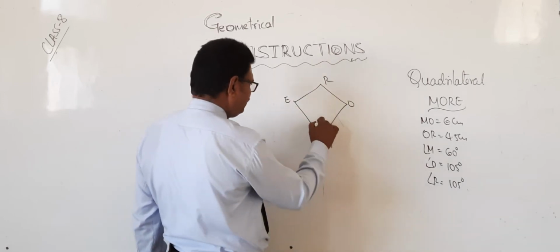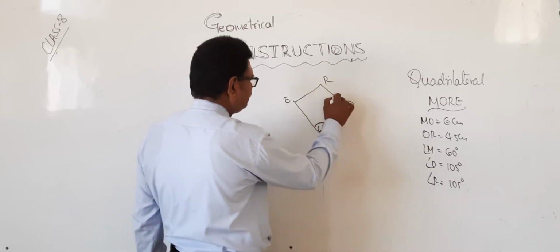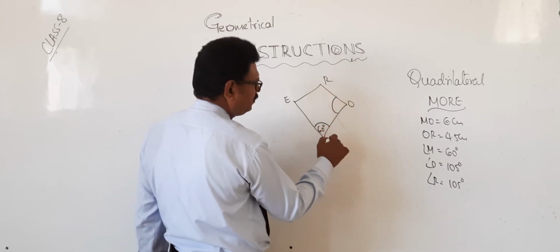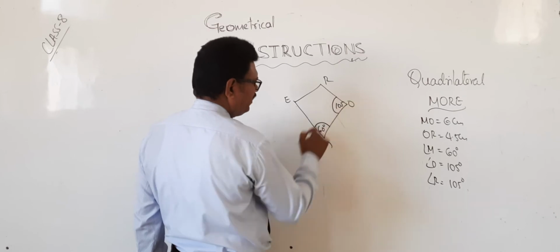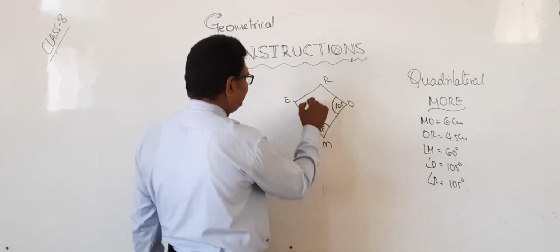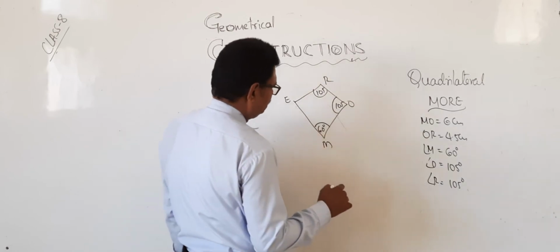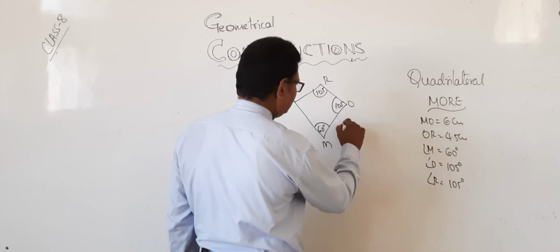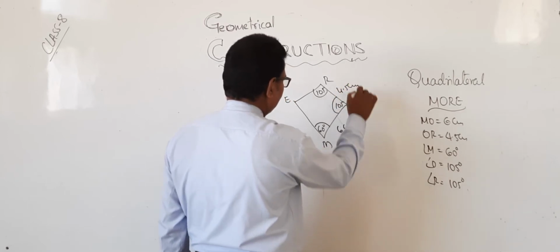Angle M is 60 degrees, angle O is 105, angle R is 105. MO is 6 centimeters. OR is 4.5 centimeters.